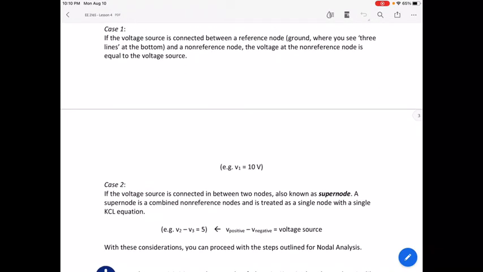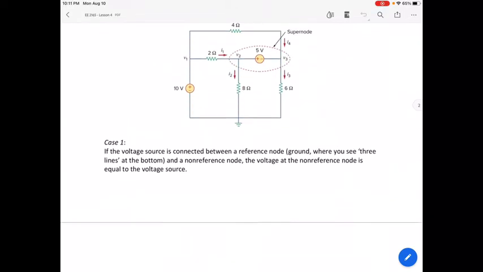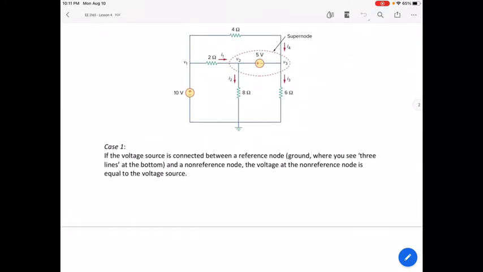So again, for the supernode, the voltage difference between node voltages V2 and V3 is 5 volts.